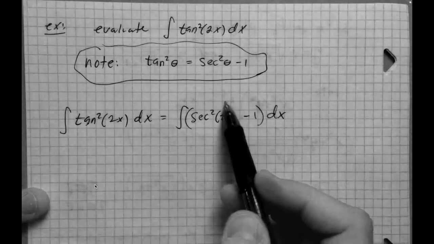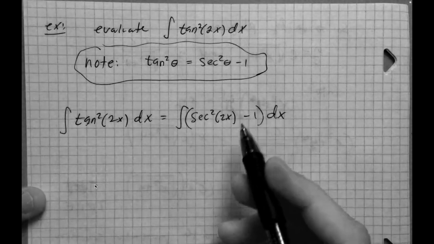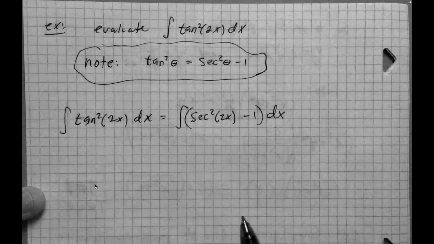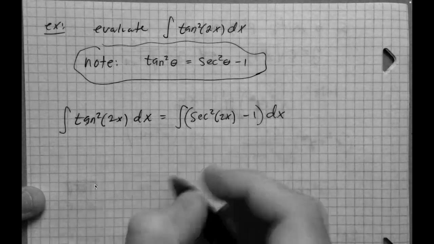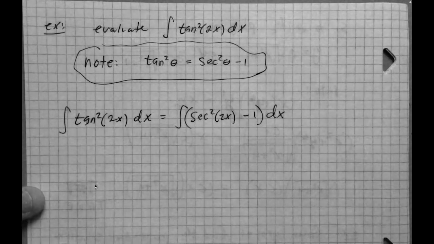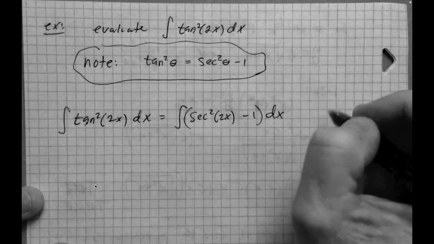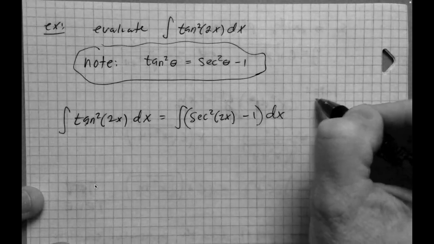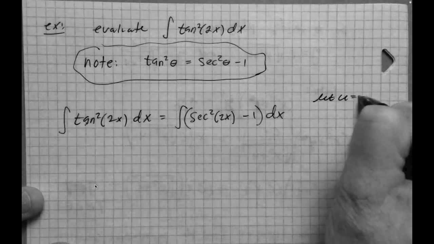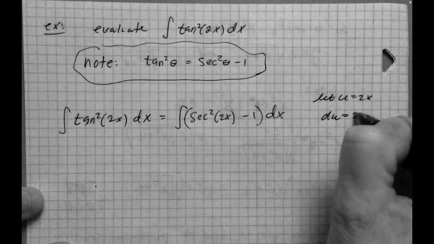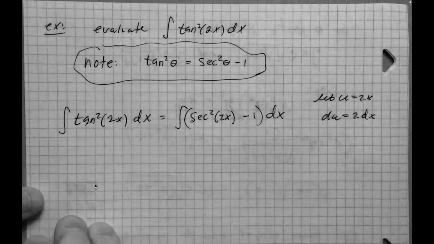This obviously can be broken up into two pieces. Let me think about this for a second. Let's think about the u substitution first. We're going to need a u substitution for this interior piece. So let's let u equal 2x, then du is equal to 2 dx.